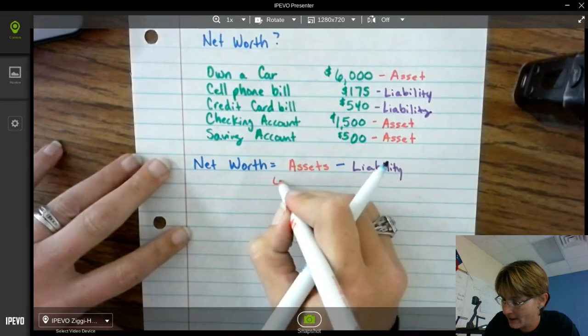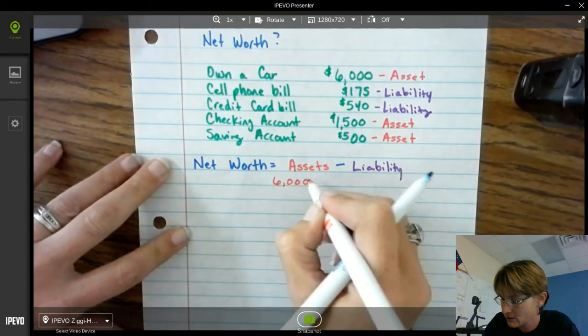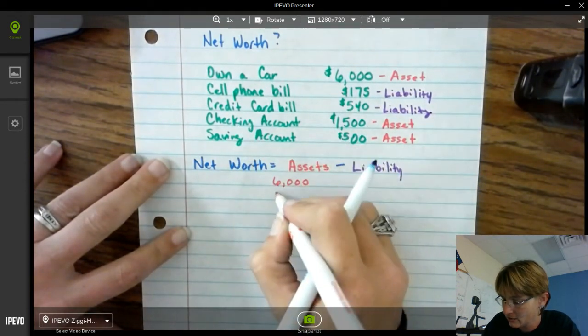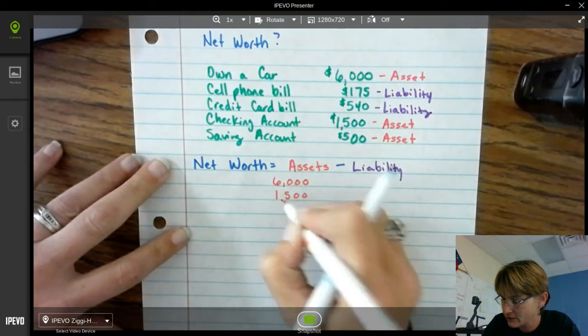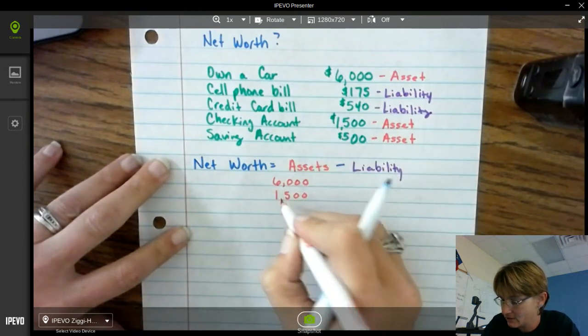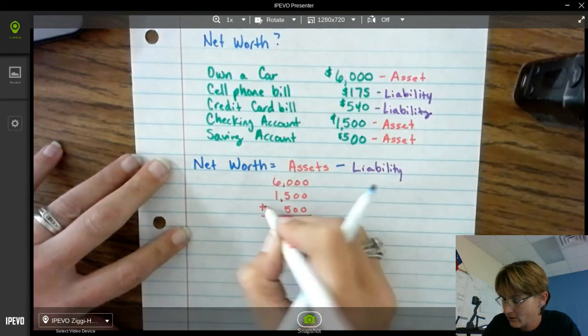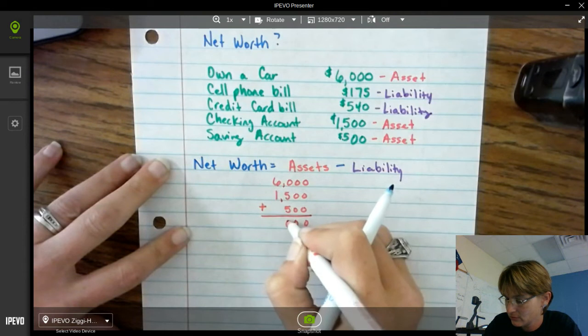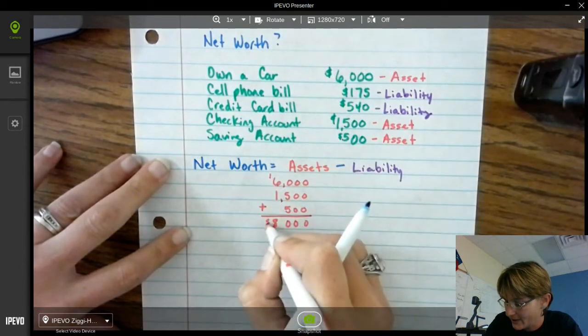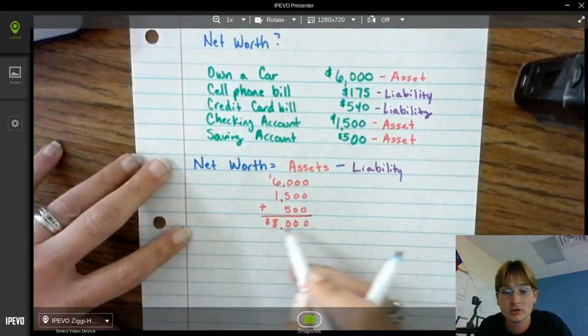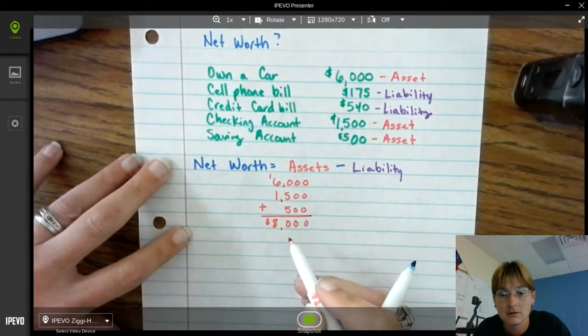So we have the car at 6,000, the checking account at 1,500, and the savings account at 500. When we add all of these up, we get $8,000. This is our total assets.